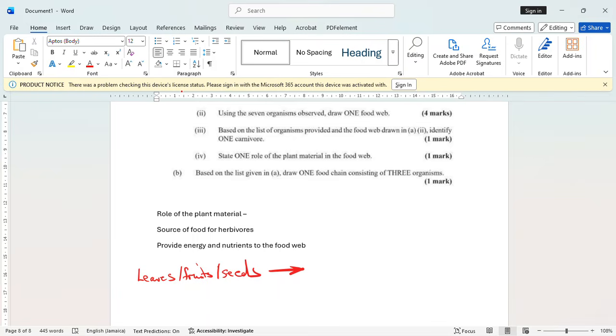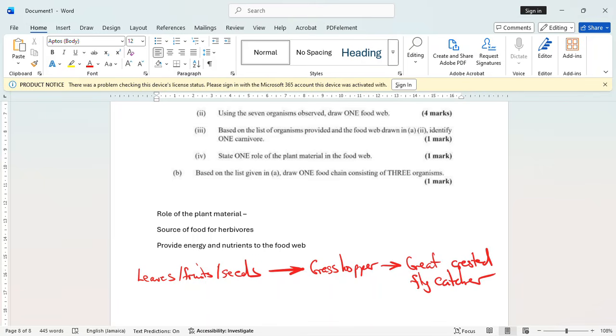You can use a grasshopper. And who was feeding on the grasshopper? The great crested flycatcher.